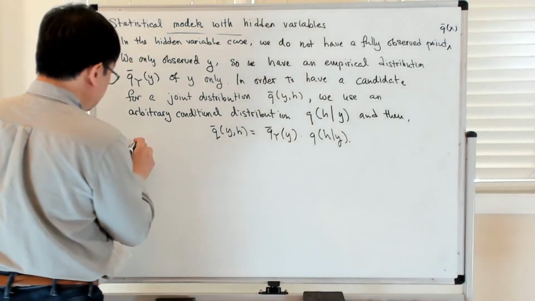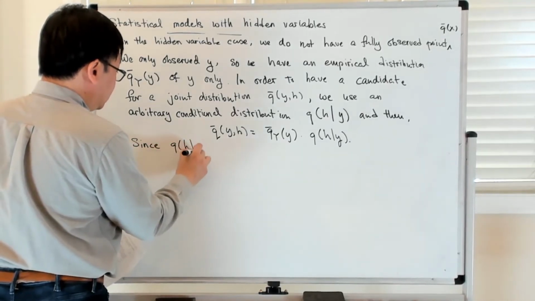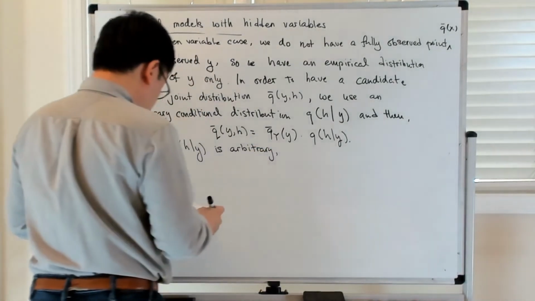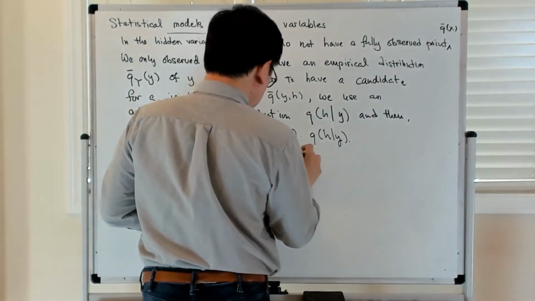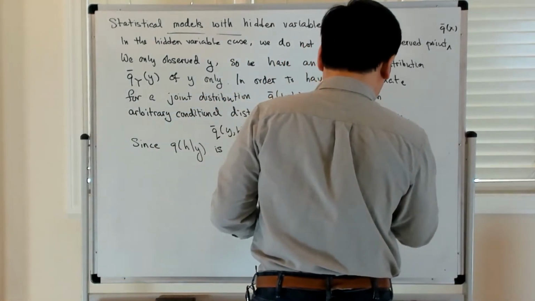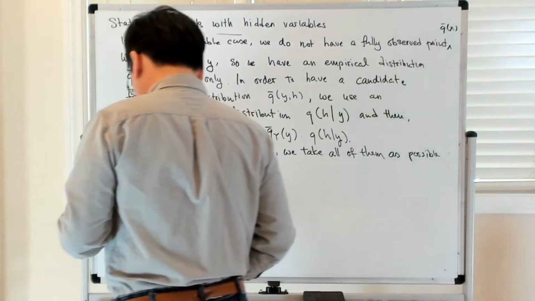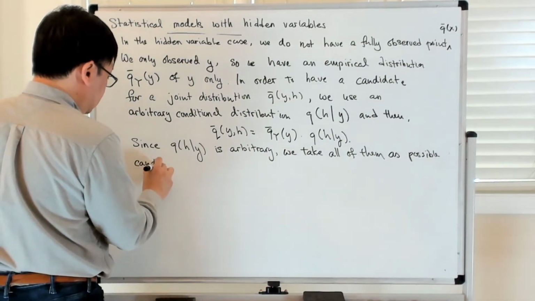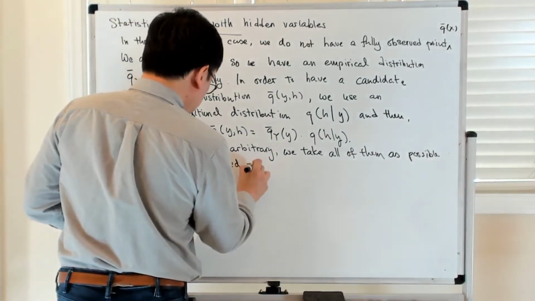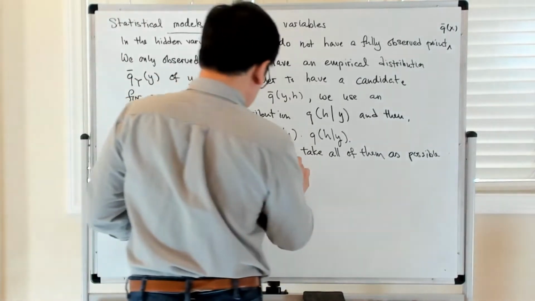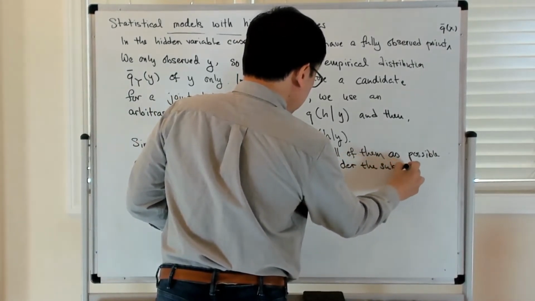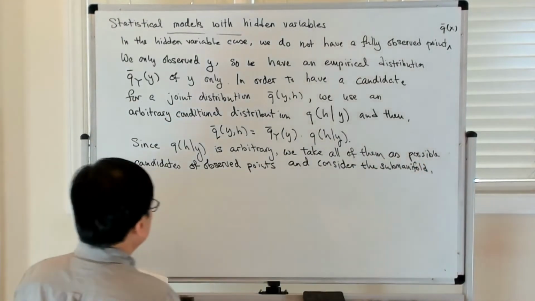Since Q of h conditioned on y is arbitrary, we take all of them as possible candidates of observed points, and consider the following submanifold. Okay, so this is D.